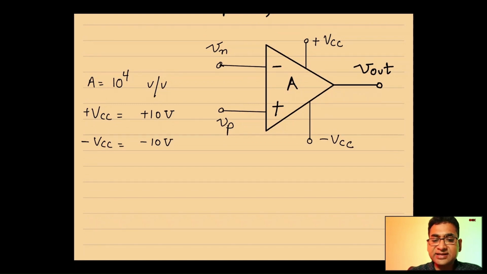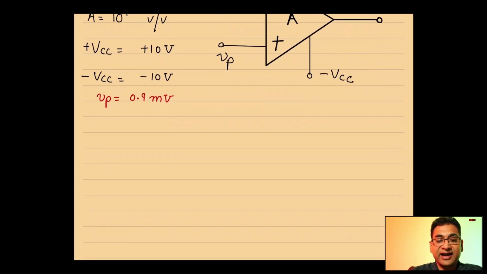Let's start by picking a value for VP equal to 0.9 millivolts. And let's pick a value for VN to be 0.7 millivolts. Now we should be able to calculate V out.